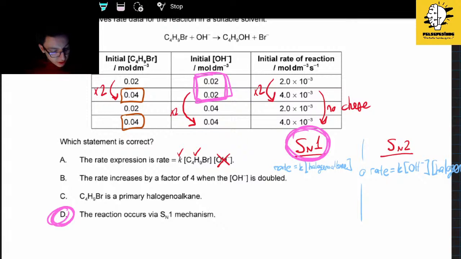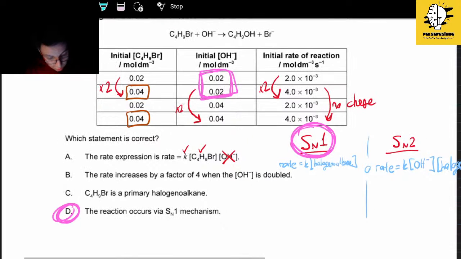But it says the rate increases by a factor of 4 when the OH is doubled. For such a case, OH has to be second order. It has to have the coefficient of 2, just as Ege explained previously. So when we have a look at it, when OH is doubled from 0.02 to 0.04, we see that there is no change at all, let alone a factor of 4.